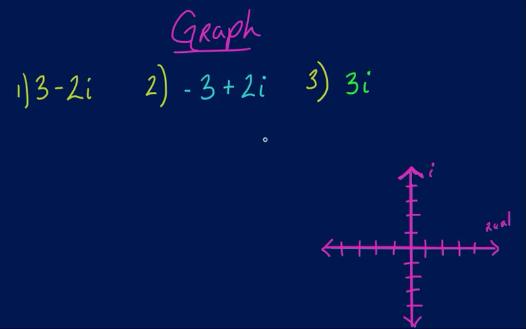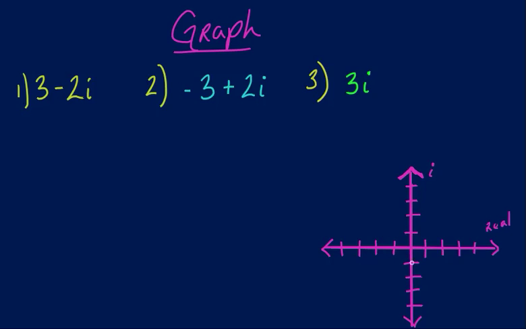So we have to plot points when we're dealing with complex numbers. We have something like 3 minus 2i, and then another one where it's negative 3 plus 2i, and the other one is just 3i. Here's what I'm going to teach you. This line that's normally our x-axis is going to be considered our real axis, so call that our real axis.